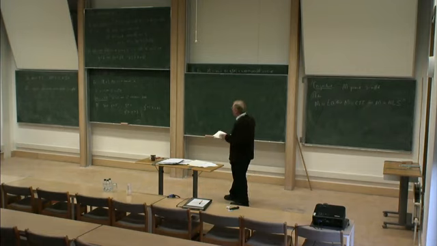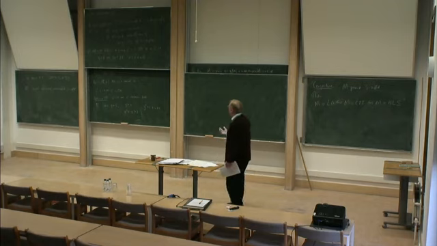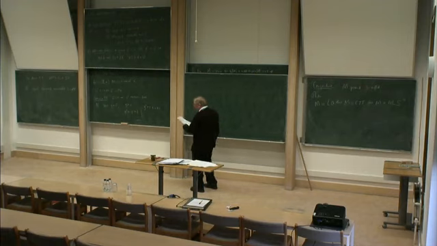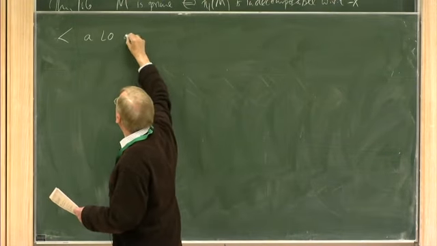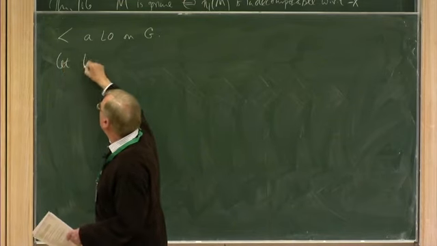One aspect of left orderability: there's actually a topological aspect to it, and it's very useful. I'll say a little bit about this. You can put a topology on the set of left orders on a group. The way to do this is to say that if you have a left order on a group G, then you can talk about the positive cone.